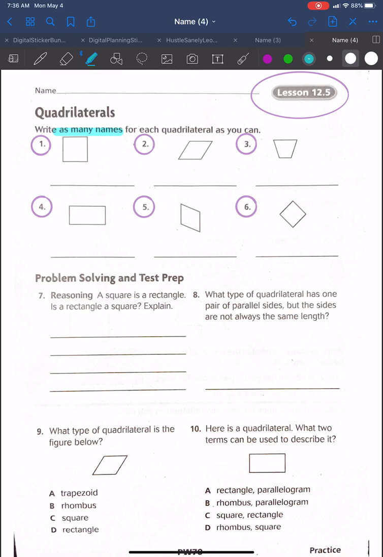So you should not just call this a square. What else could it be? It's not just a square. Remember to use words like polygon, quadrilateral, and yes, you are more than welcome to abbreviate like I did, and parallelogram.